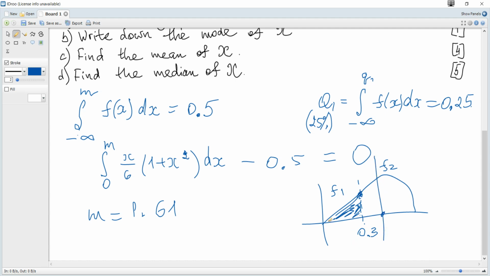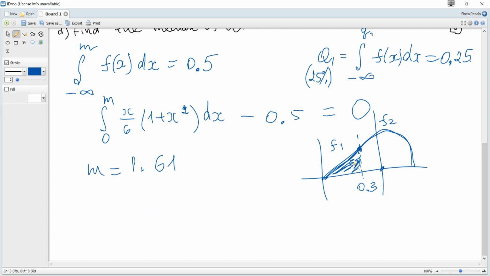But since it's a piecewise function, you should consider the next. You should find this area first, for example 0.3. Then you understand that the median is here and this area is 0.2. So it becomes the integral from this x value to the median.